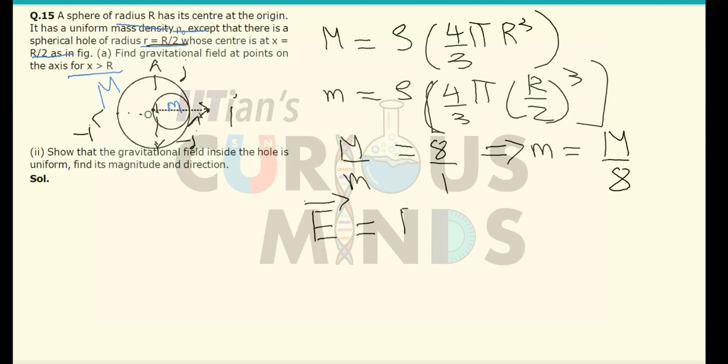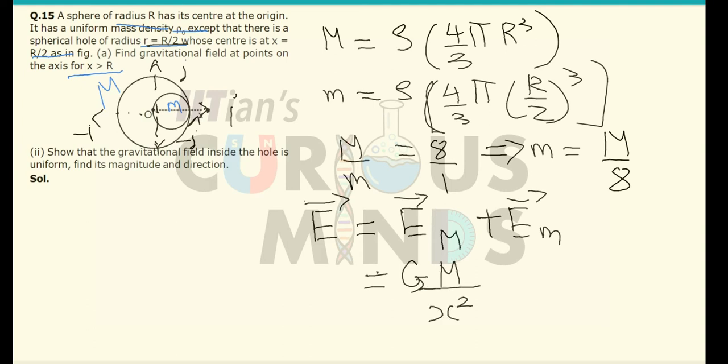So the total field will be due to the field of the entire sphere plus the field of the cavity. Instead of electric field, it is the gravitational field. The gravitational field is given by the formula G capital M divided by x square for capital M mass, into i cap, plus G small m divided by, now what will be the distance?